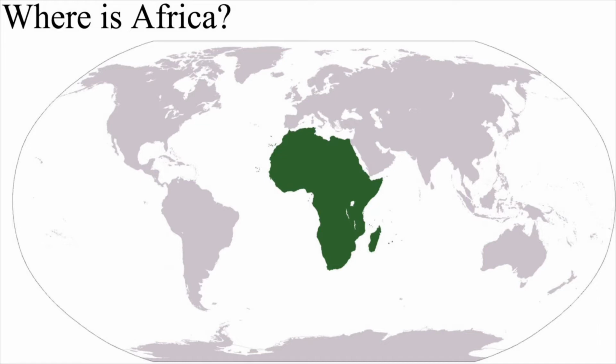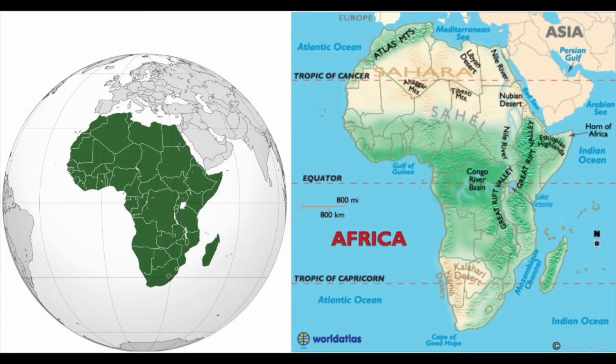It also has 11.7 million square miles. It's only second in size to Asia and also Asia's population. Africa is surrounded by major bodies of water: the Mediterranean and the Red Sea, and the Indian and Atlantic Oceans.